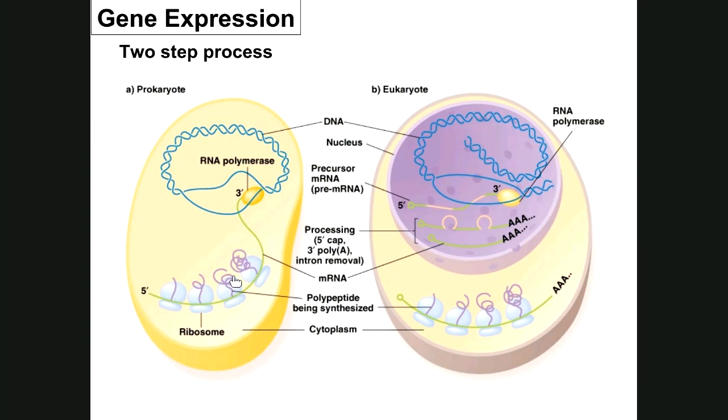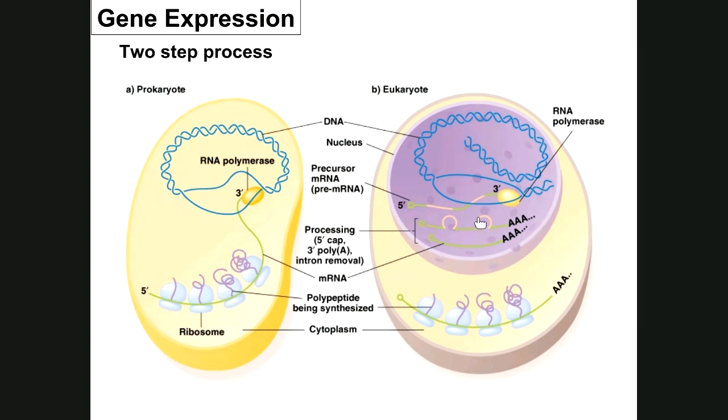So it's a much more straightforward process in prokaryotes, and it occurs much more quickly since it's during the 2nd substep of transcription, elongation, that once enough of the mRNA has been made, the 2nd step, translation, can begin and you have the overlap.